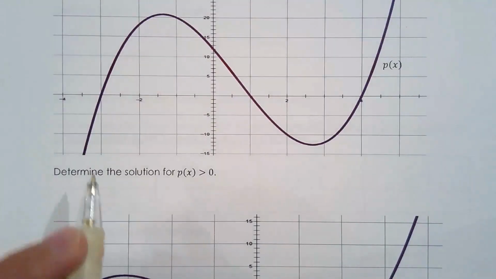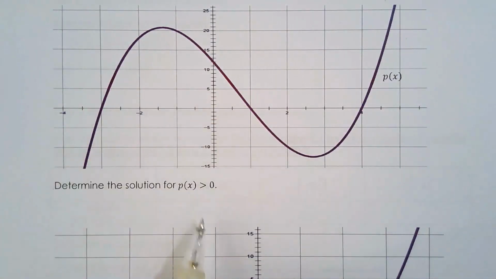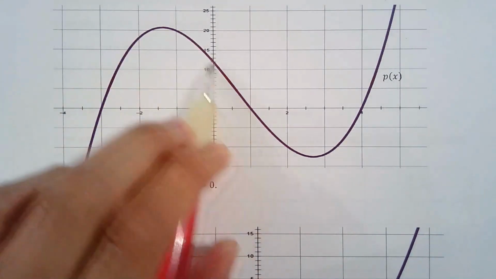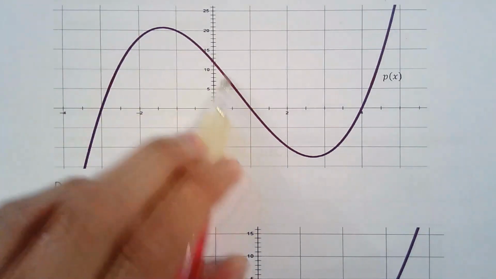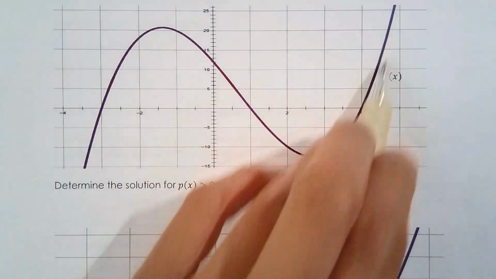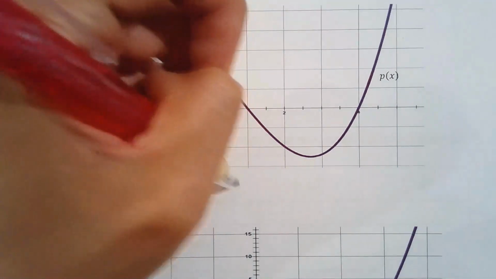So I gave you the graph of the polynomial p of x. When is it greater than 0? So it's greater than 0 when x is anywhere from here to here, or when x is from here onwards. They're arrows, of course. So determine the solution.